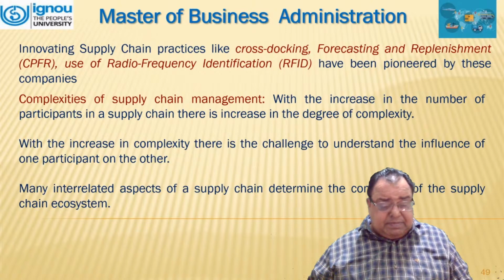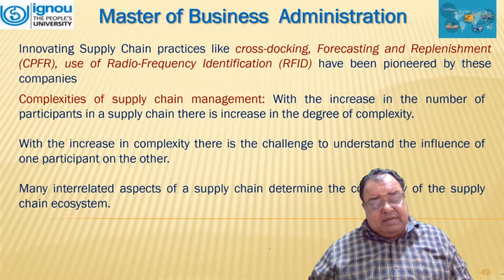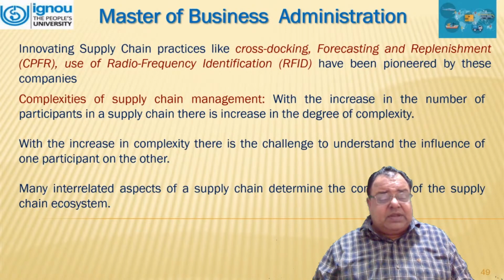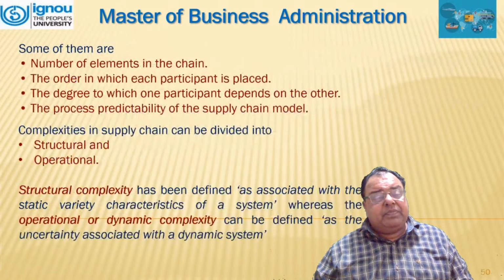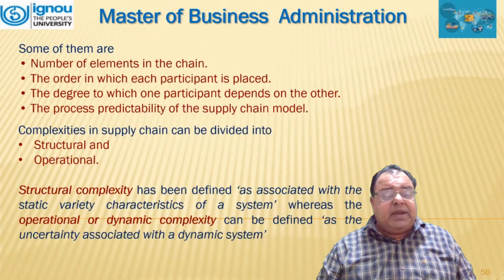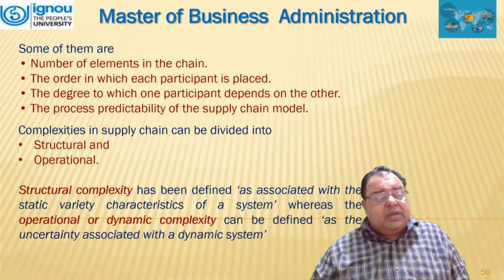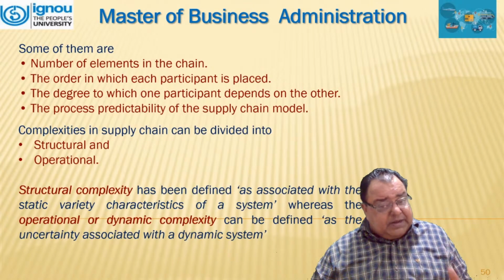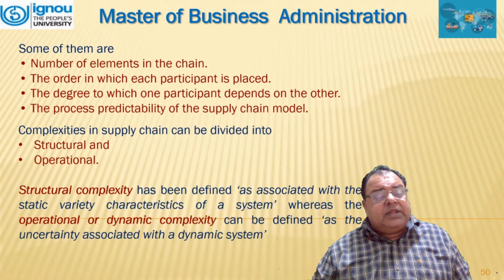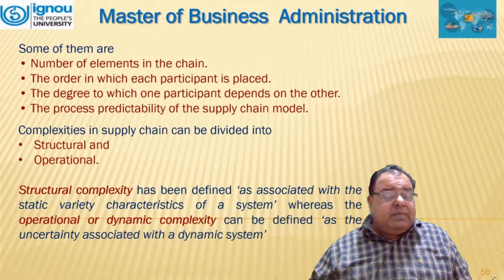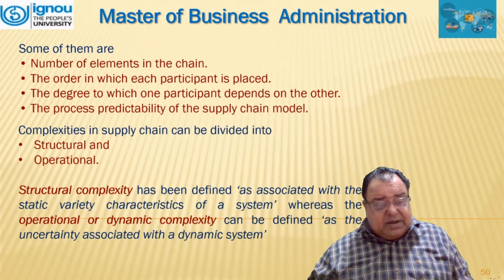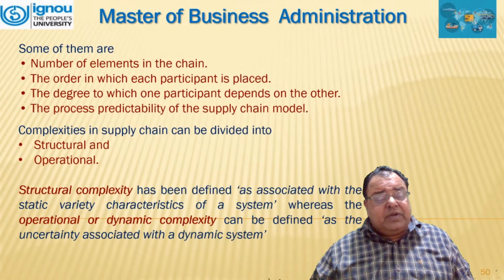Many interrelated aspects of the supply chain determine the complexity of the supply chain ecosystem. Some of them are the number of elements in the chain, the order in which each participant is placed, the degree to which one participant depends on the other, and the predictability of the supply chain model.